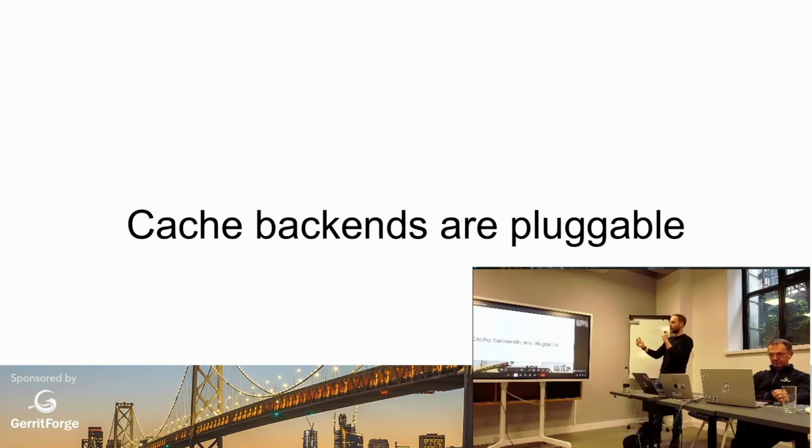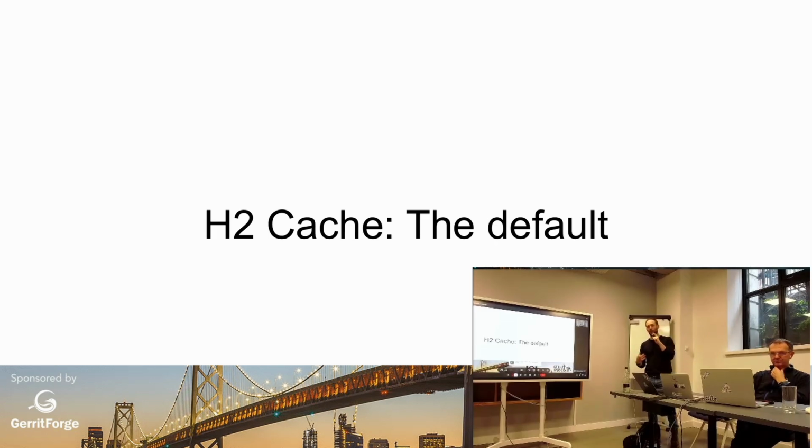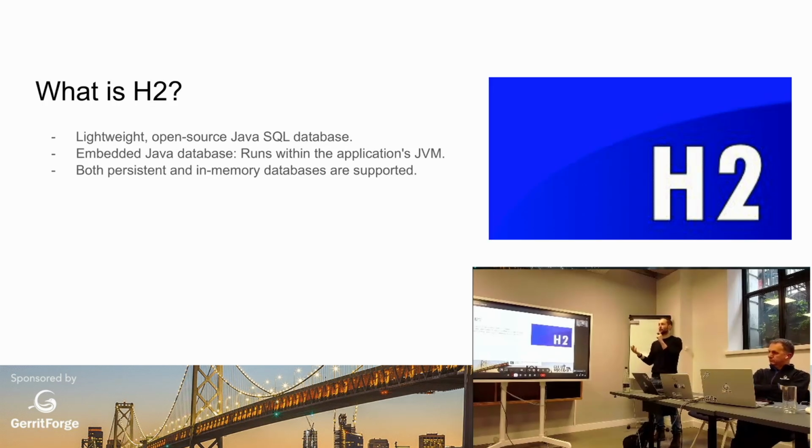So moving on, the cache backend is extendable. It's pluggable, like all things in Gerrit. You can use different technologies for the cache backend, and H2 is the default. But what is H2? H2 is essentially a SQL database that lives in the JVM. So yes, it's embedded in your JVM, and so tied to that JVM as well.